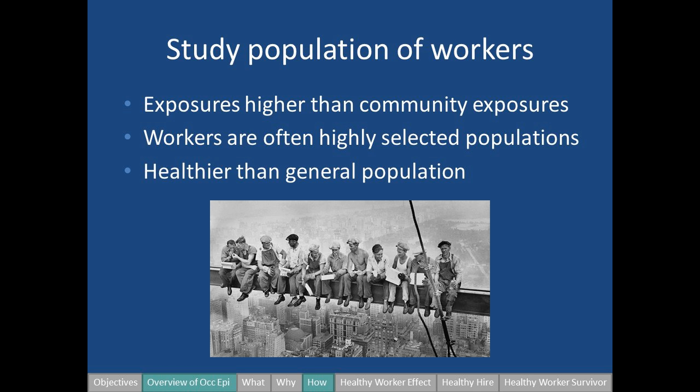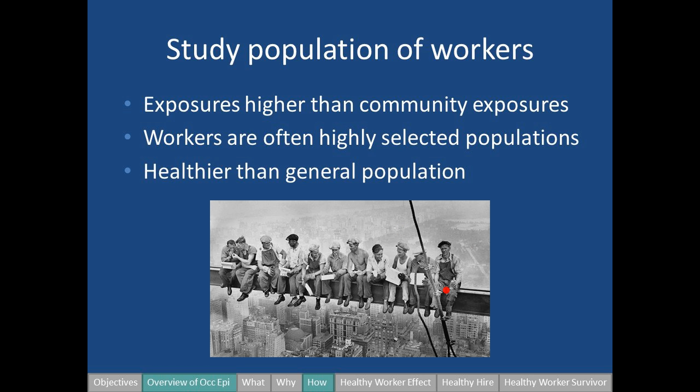Now, I just want to highlight this bit here about the fact that the study population is composed of workers. We already stated that their exposure tends to be higher than in the community setting. And workers are often a highly selected population. One way in which they are selected is that they tend to be healthier than the general population. I think many of you have seen this photo. I think most people have.